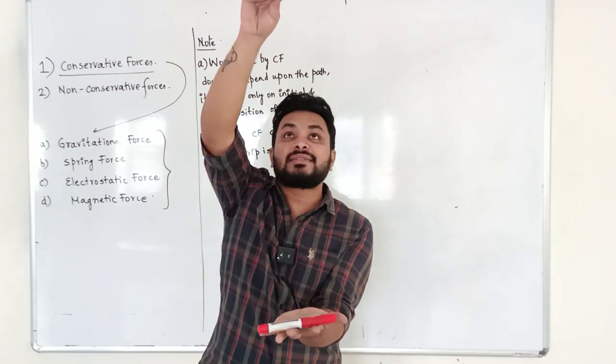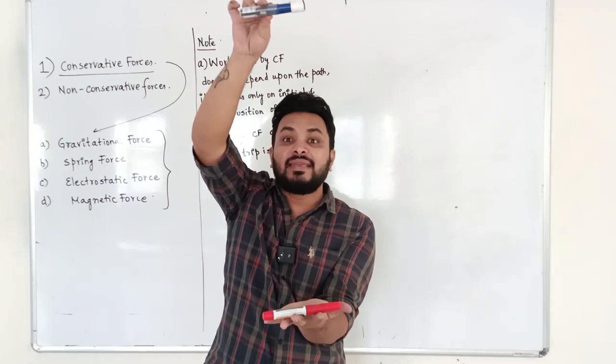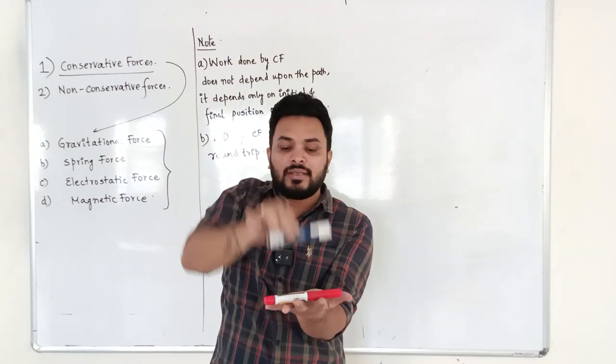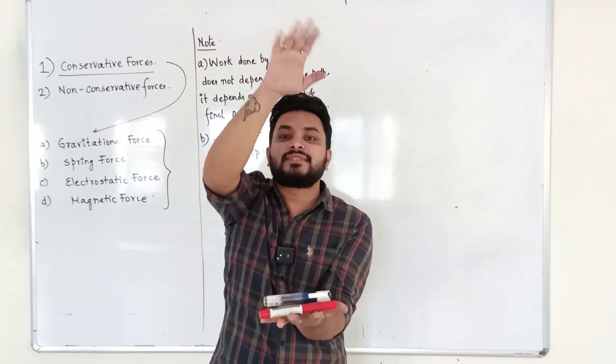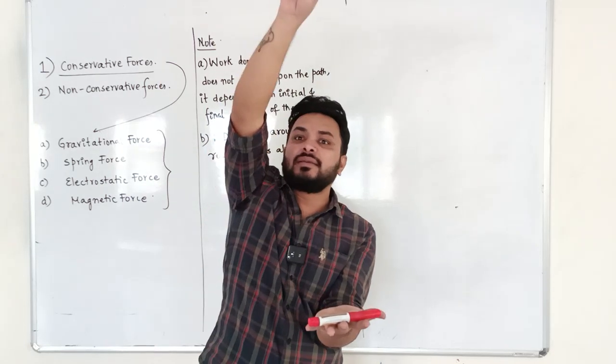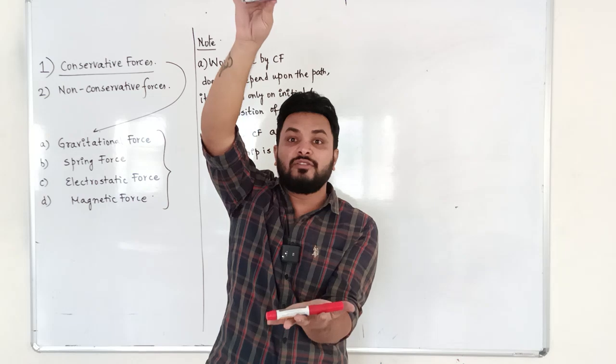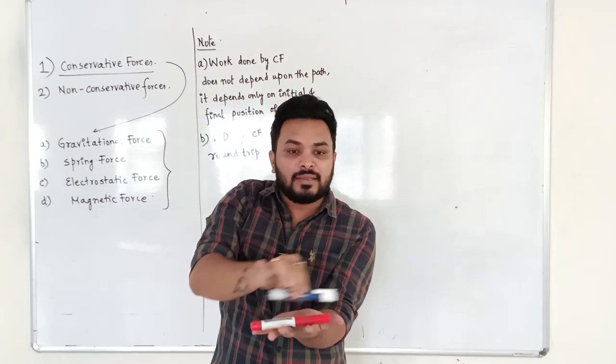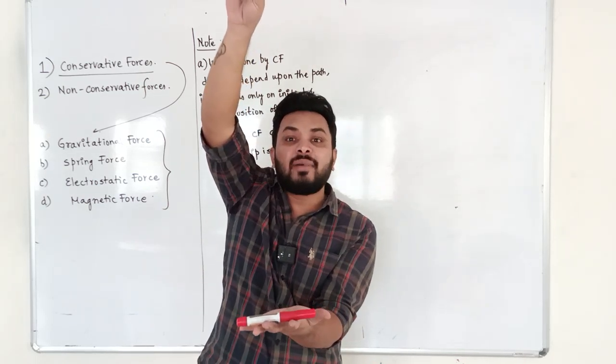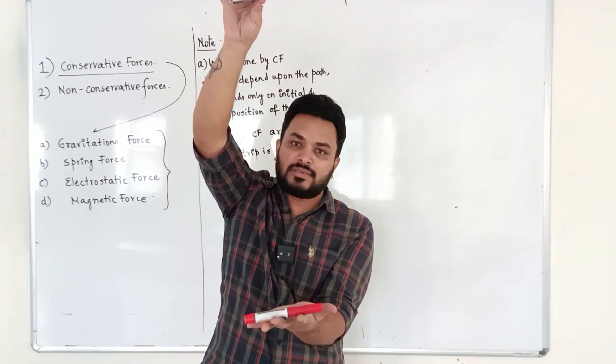If I take this pen to height h, it is mgh. If I take this pen to the same height by this path, again the work done by the gravitational force, the conservative force, is mgh. If I take it by this path to the same height, again the work done is mgh.